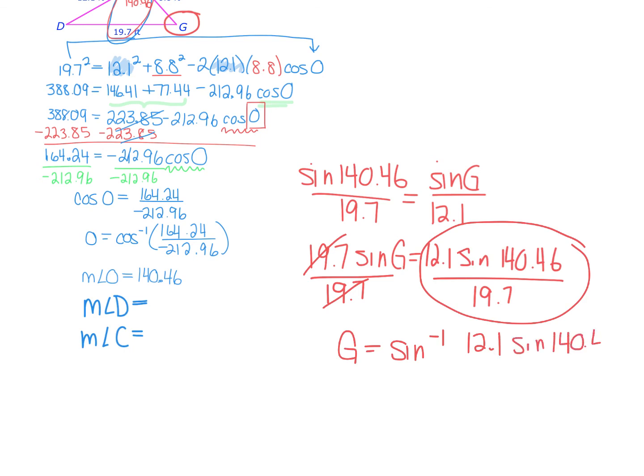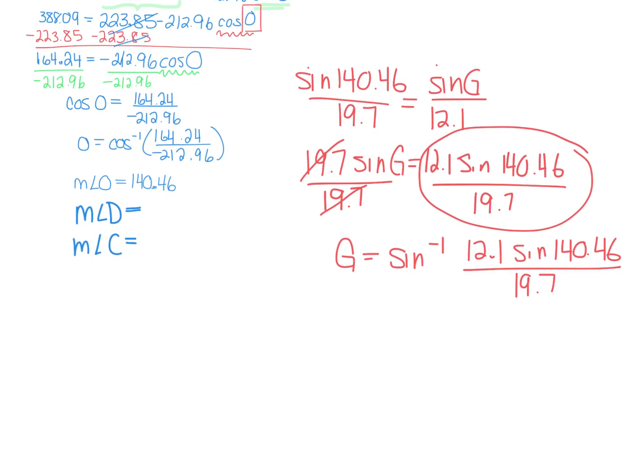Do it as you are watching this video. Pause it. Type this into your calculators yourselves and let me know if you get the correct answer. I'm going to get that the measure of angle G is 23.01 degrees.